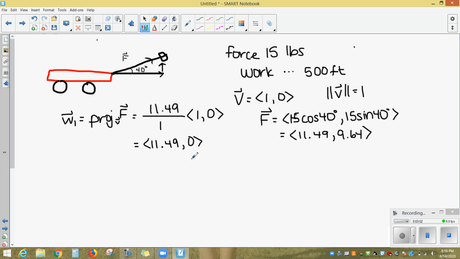All right, that's my W1. I really don't need my W2 in this example because all I'm worried about is the work done, which is the horizontal movement here.